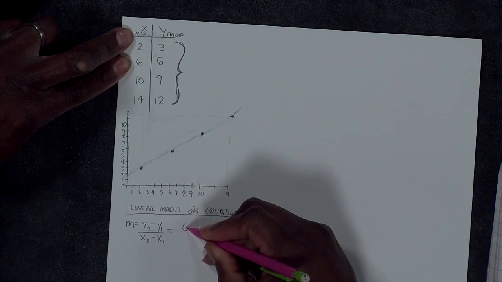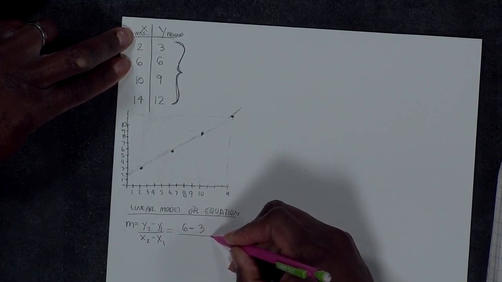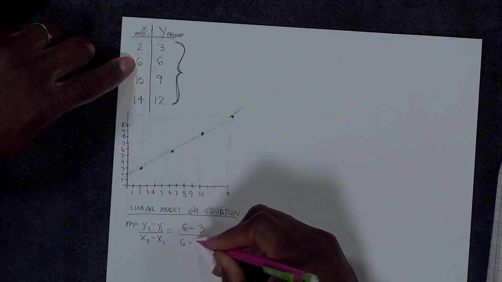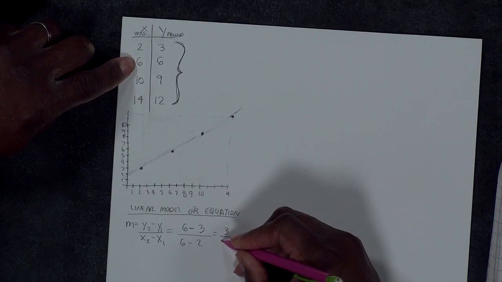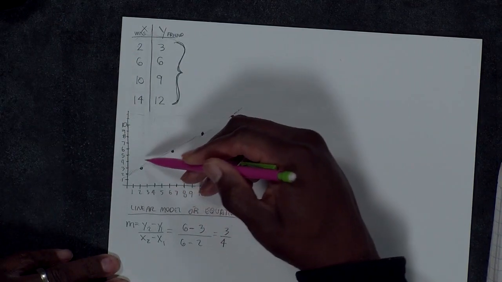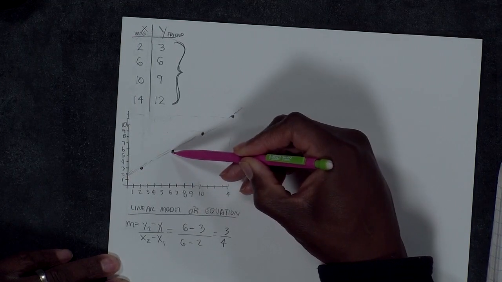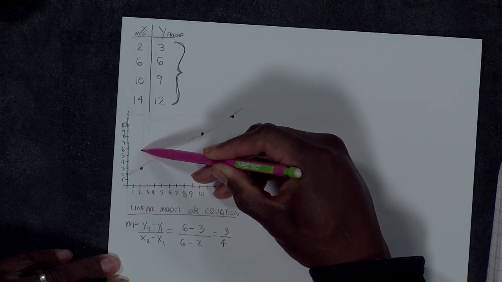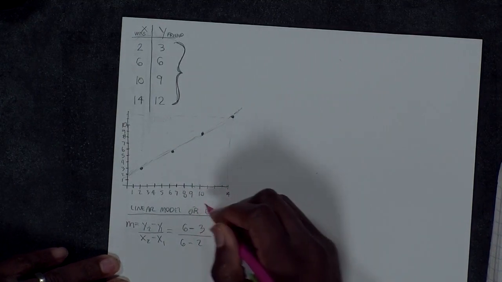Let's take 6 minus 3 over 6 minus 2, and you end up with 3 over 4. You're rising up 3, and you're running over 4. So the slope is 3/4.